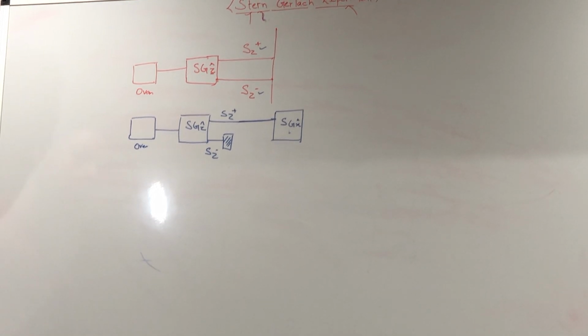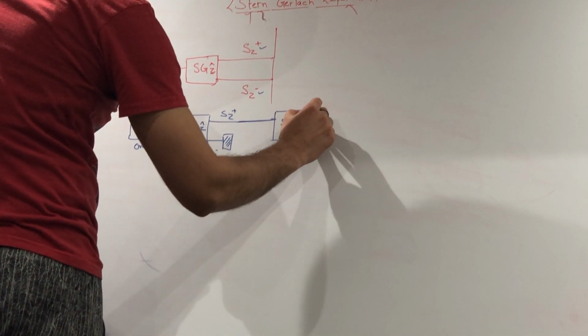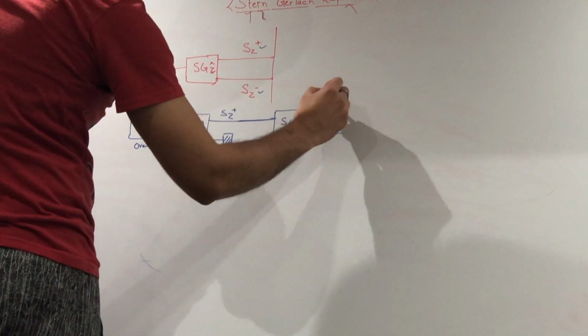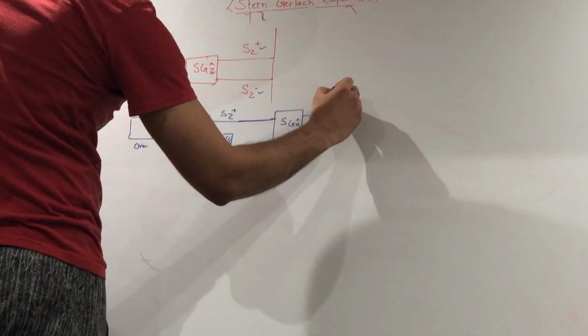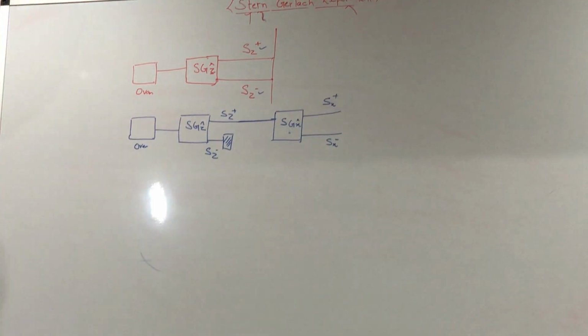Now what happens here? You get the two components, one with SX plus and one with SX negative.